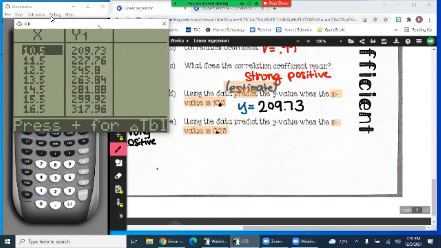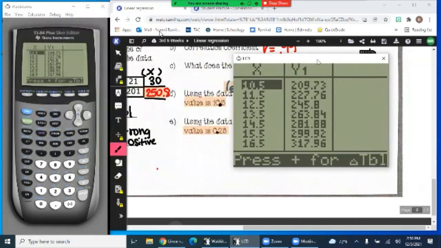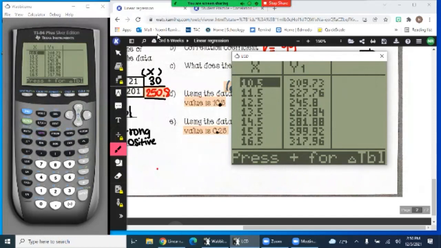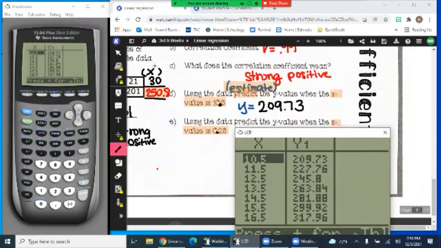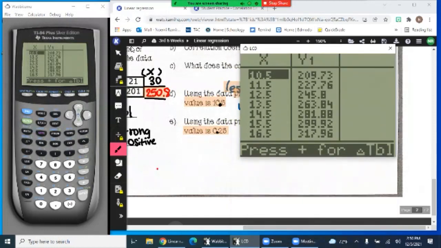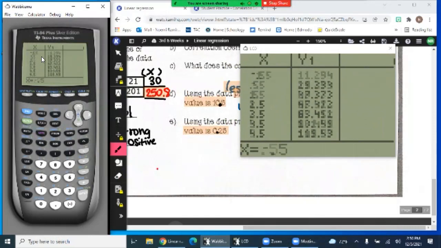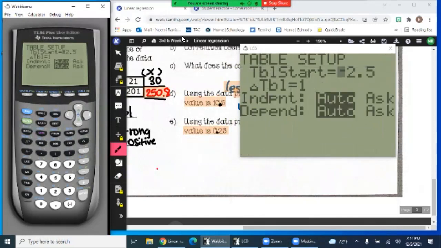Okay, so E. It's asking us once again, predict the Y value when the X value is 0.25. You have a bunch of X values here, but it doesn't matter how much I go up or how much I go down. I won't ever find that 0.25 because it doesn't exist here. I have to go straight to it by using what feature? Second window. Only in second window can you put whatever number you want.